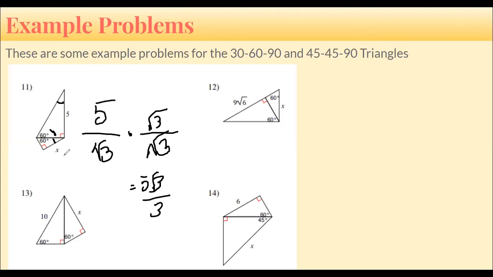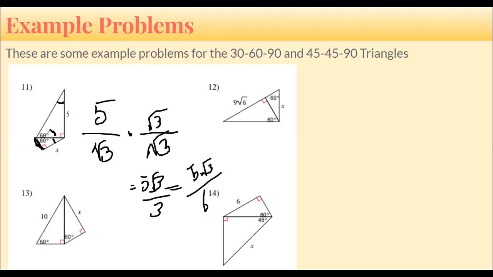So we know that the 90-degree side is always double the value of the side opposite to 30 degrees. Okay, so for this one, this measure right here, we could find by just dividing this by 2, which would equal 5 times square root of 3 over 6, right?